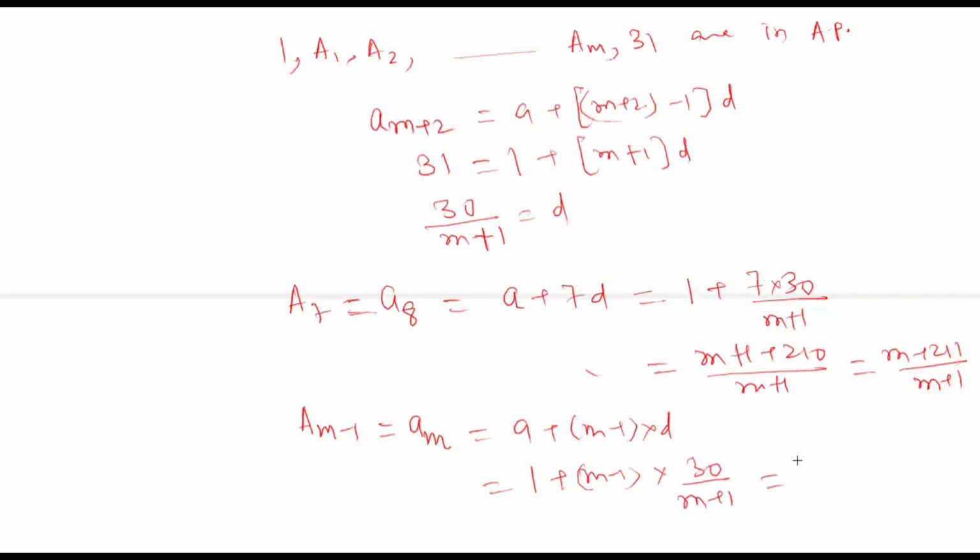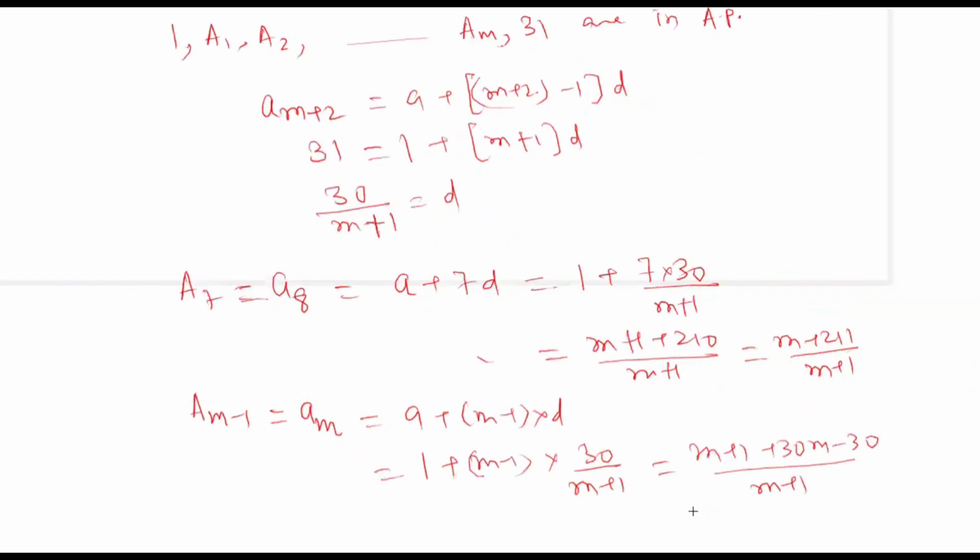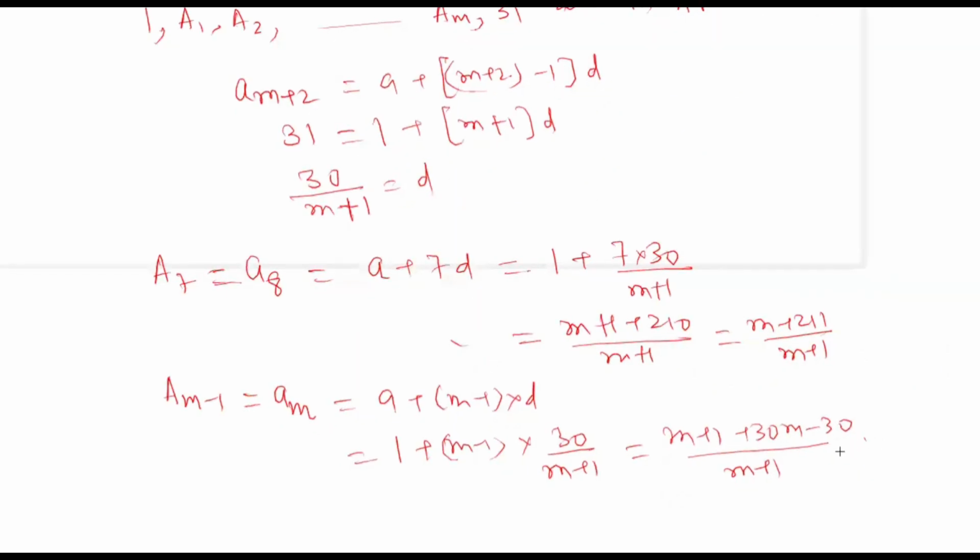Then I'll get M plus 1 plus 30M minus 30 upon M plus 1, which gives me 31M minus 29 by M plus 1.